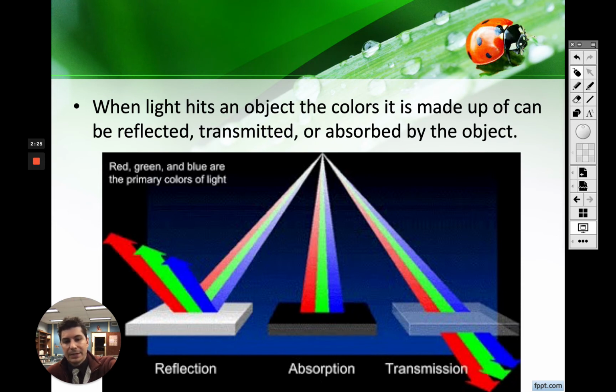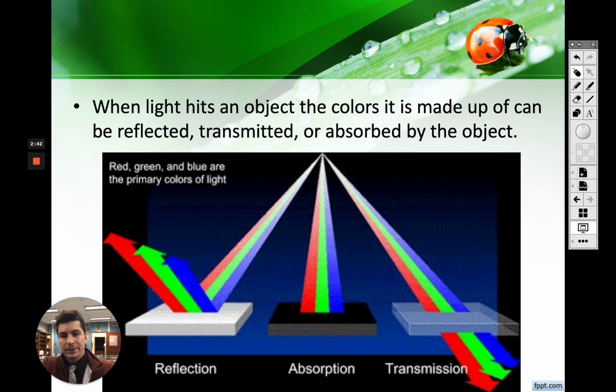What can happen is it can either get absorbed. We're not going to worry about transmission here, okay? But it's either going to get absorbed or reflected. Let's just worry about these two. So let's say I have on a maroon sweater here, okay? Pretend it's red.